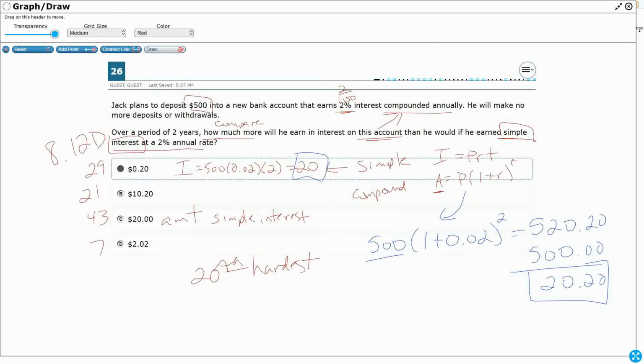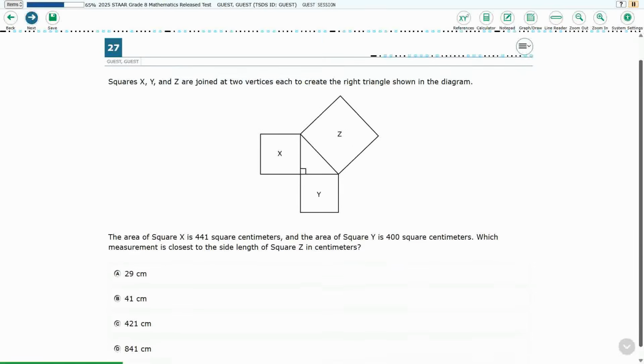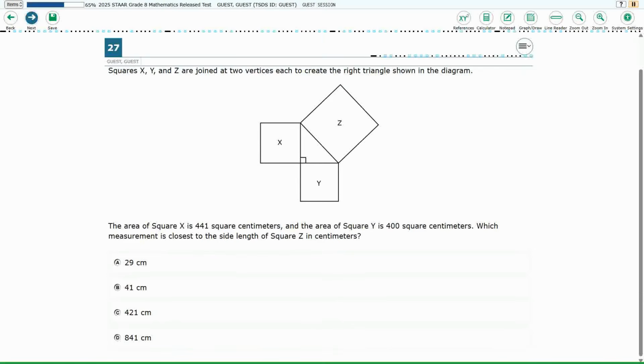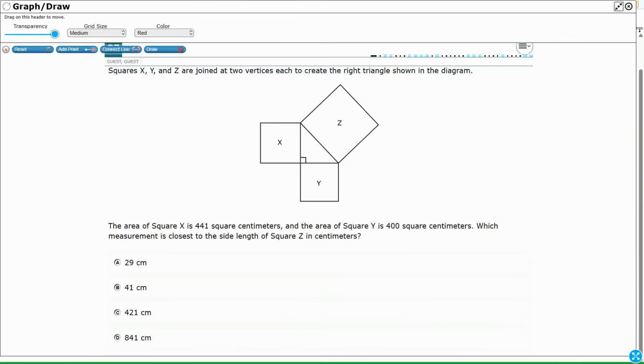For our next one, number 27, we are modeling the Pythagorean theorem. We are back to this. So we see this model here. These are the squares. All right, so when we're looking at a squared plus b squared equals c squared, we are literally saying that this square area plus this square area equals this square area.